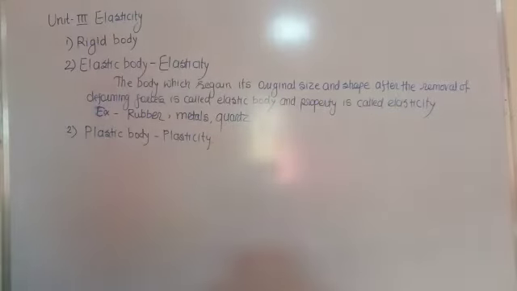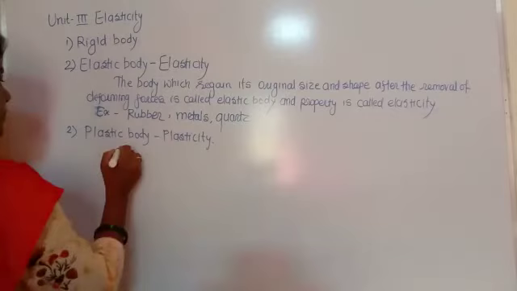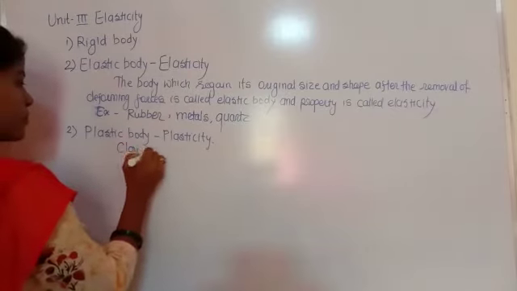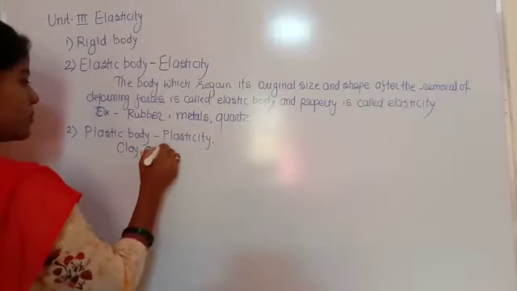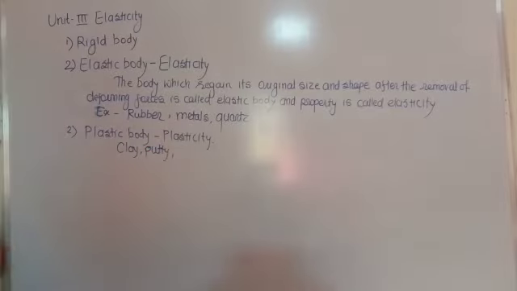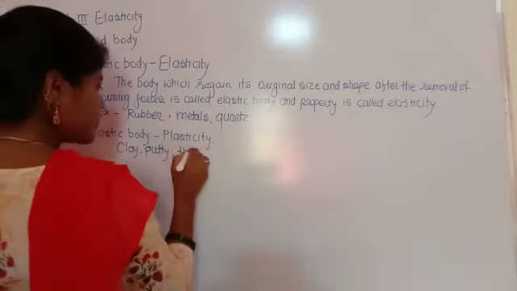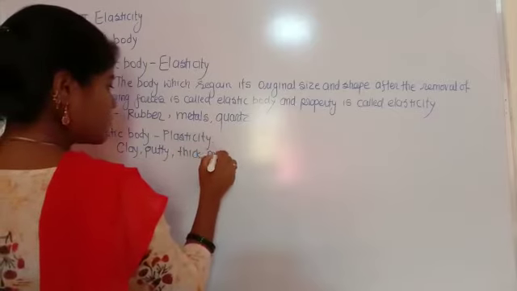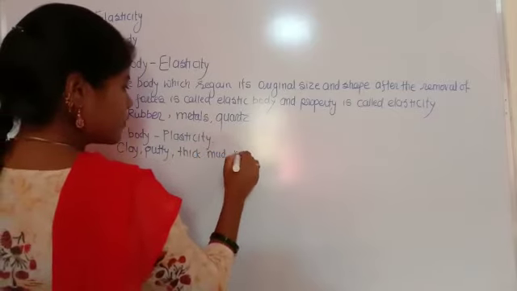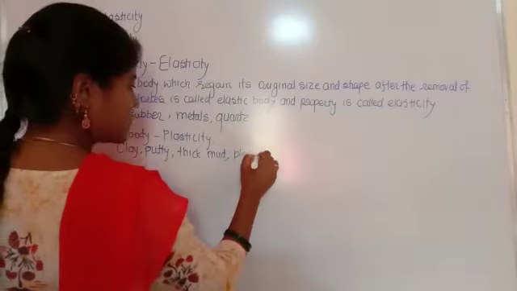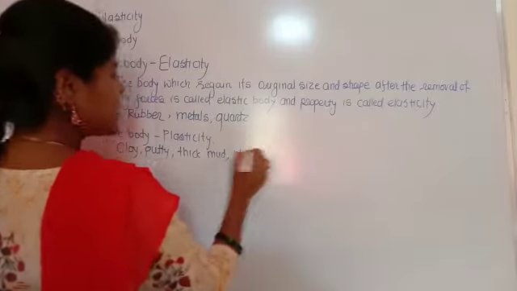The examples of plastic bodies are clay, putty, plasticine, and thick mud. So these are the examples of plastic bodies.